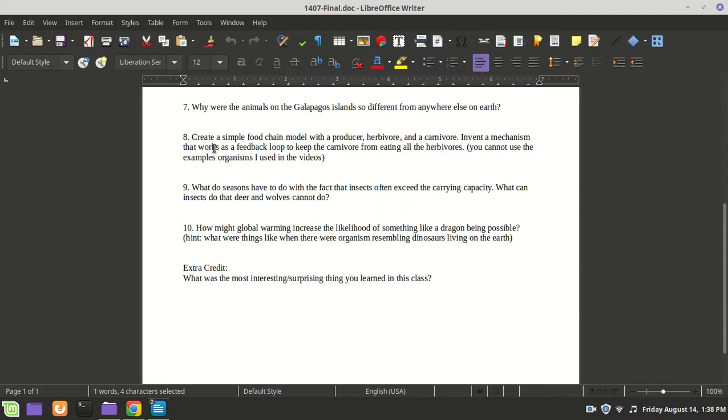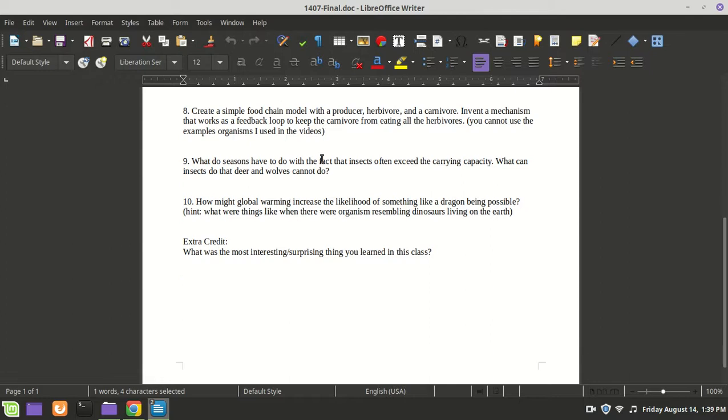It can't be wolfsbane, but try to think of something that might work the same way. If you found one on the extra credit, you could use that one. That would be a real one, but you need to talk about something that would happen to cause this to occur. So this one can be a hard one, but you can't use wolfsbane.